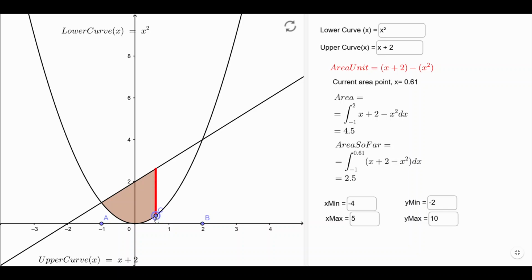So it will be given by x plus 2 minus x squared. And if we add them all the way from negative 1 to 2, the area comes out to be 4.5 square units.